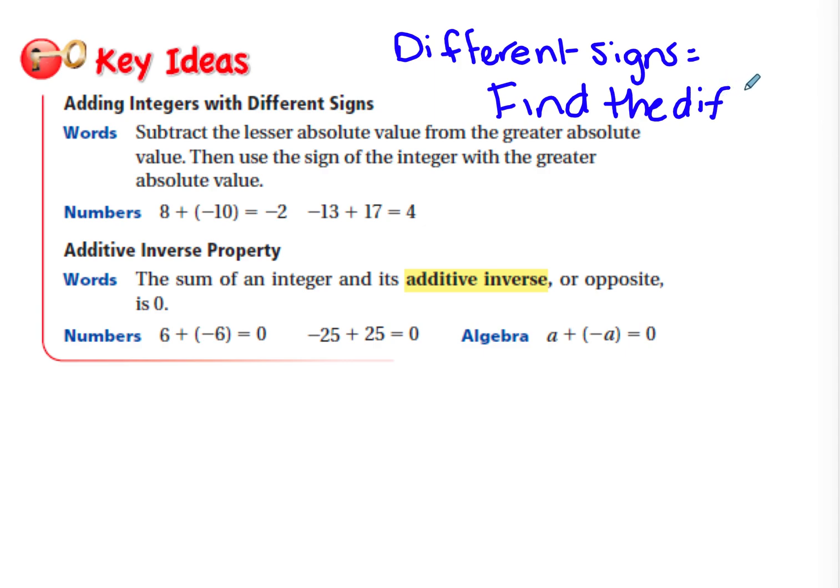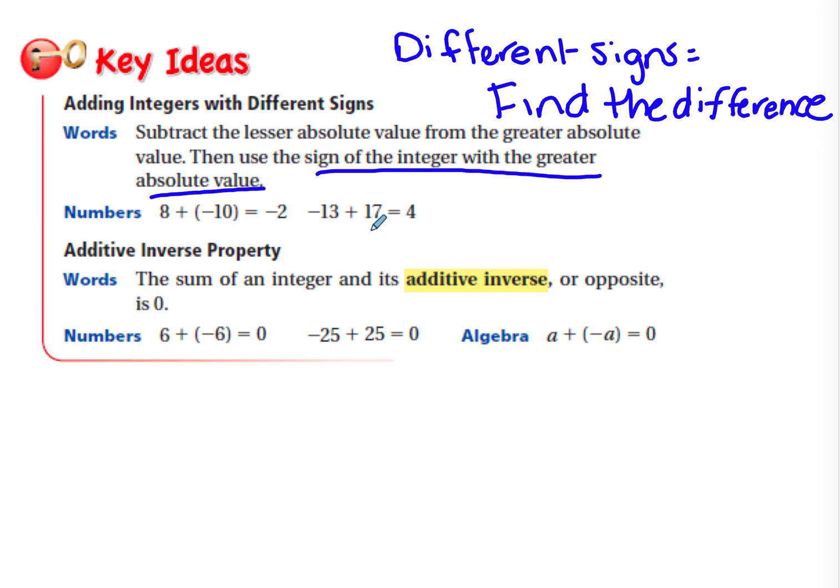And then you do need to pay attention to which you have more of. You have more positives, your answer is positive. More negatives, your answer is negative. So I'm just going to underline this part about the greater absolute value. So 8 plus negative 10, well, 10 minus 8 would be 2. It's a negative 2 because we have more negatives than positive.